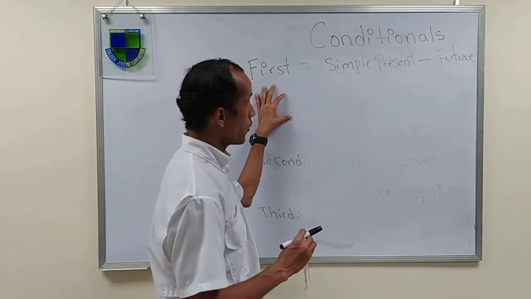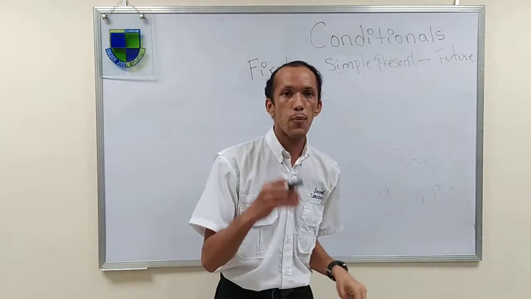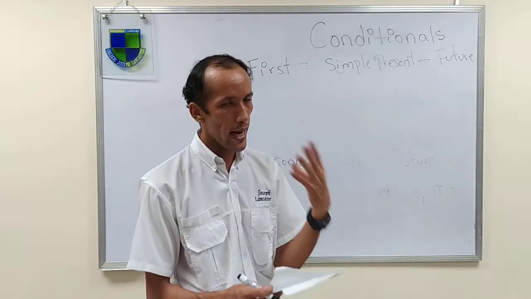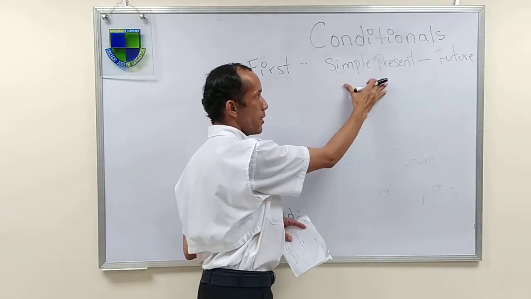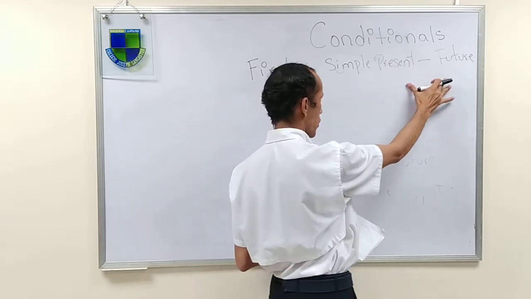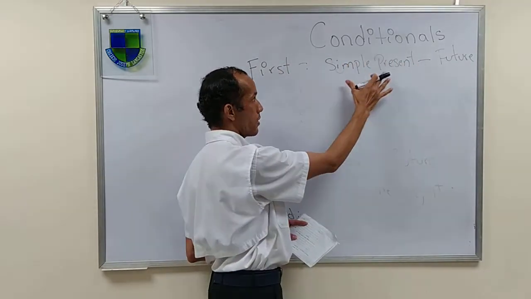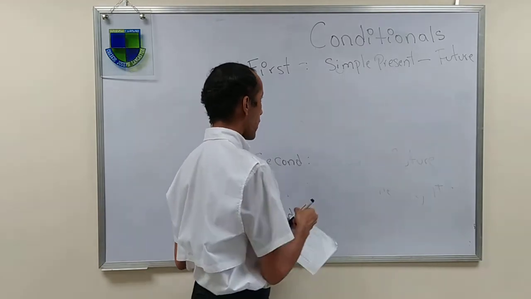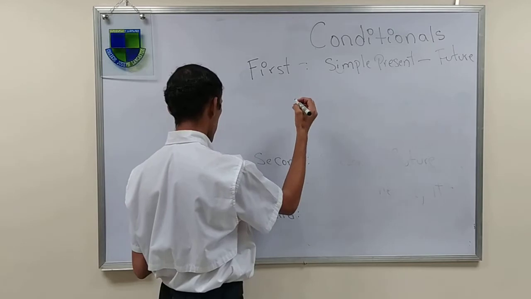And the first conditional is for situations that are possible, that can happen. The structure for the first conditional is simple present and future. I repeat again, simple present and future is the structure. So we have an example here.